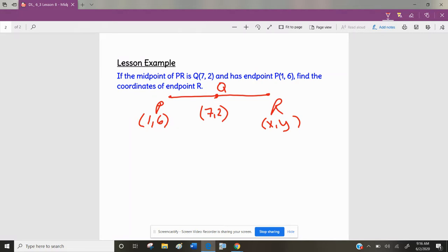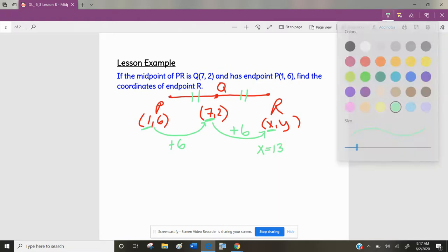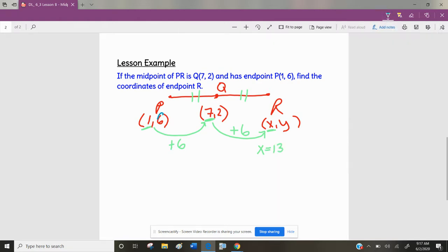So if we think about just our x values, my x distance from 1 to the midpoint is plus 6 units. So I know that to go from the midpoint to R, because these distances should be the same, I should be applying that same distance. And now if I think about my y values, I'm going from 6 to 2.